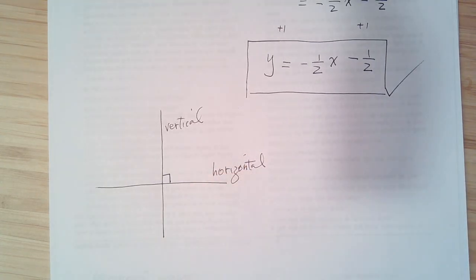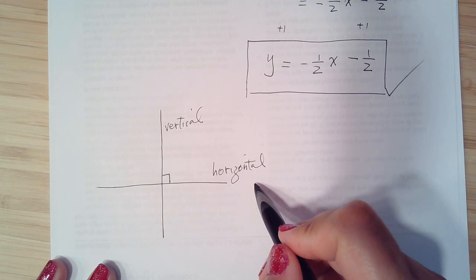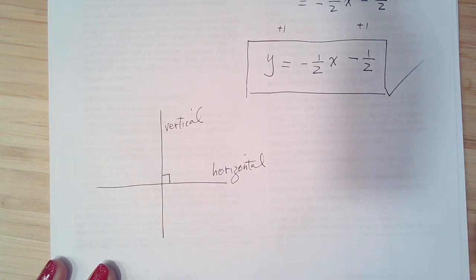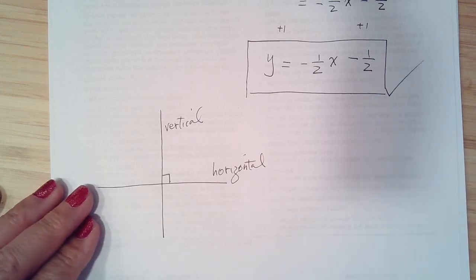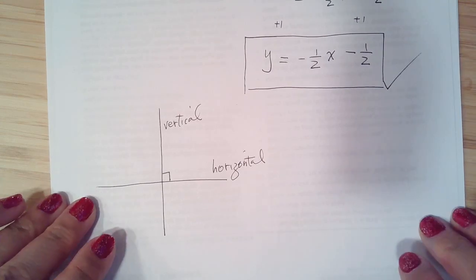Usually I use this to show that they form a 90 degree angle. So that's a perpendicular. And this slope is 0, and this slope does not exist. Okay? So we know a vertical line and a horizontal line are perpendicular. All right, now we're going to keep going.